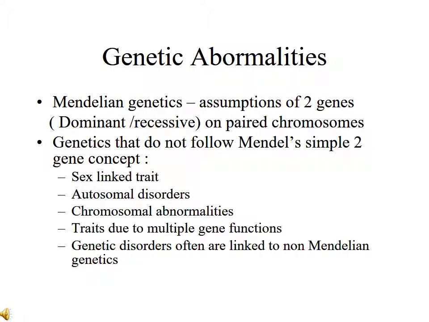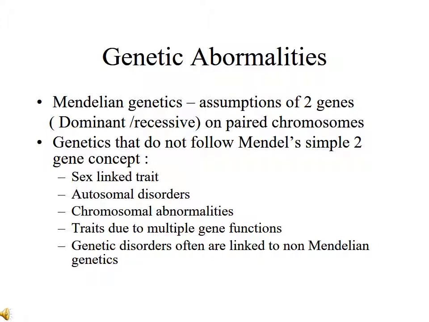Just to review, Mendelian genetics makes a major assumption. The assumption is that two genes, a dominant and recessive gene, on a pair of chromosomes control a given trait. As we learned in the previous section, this is not always the case.